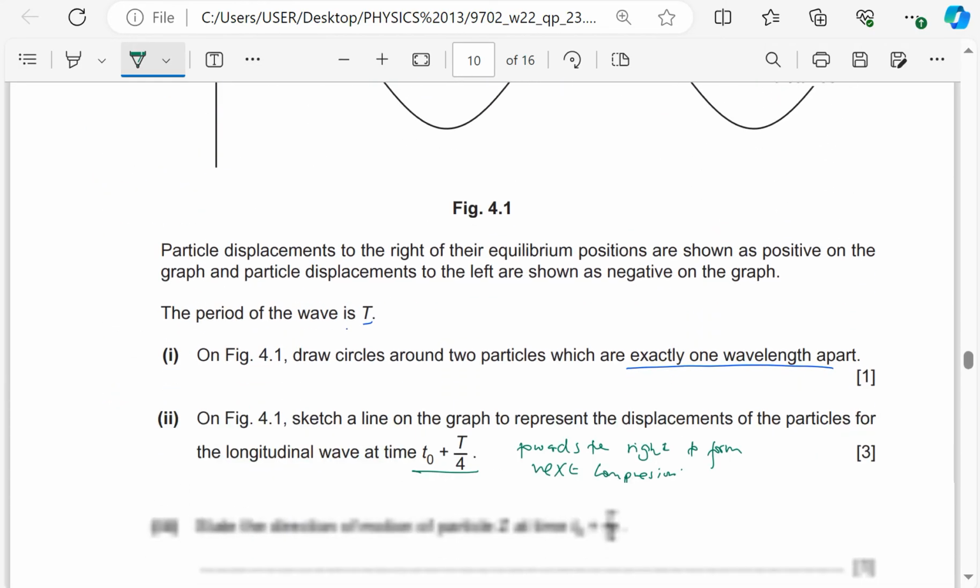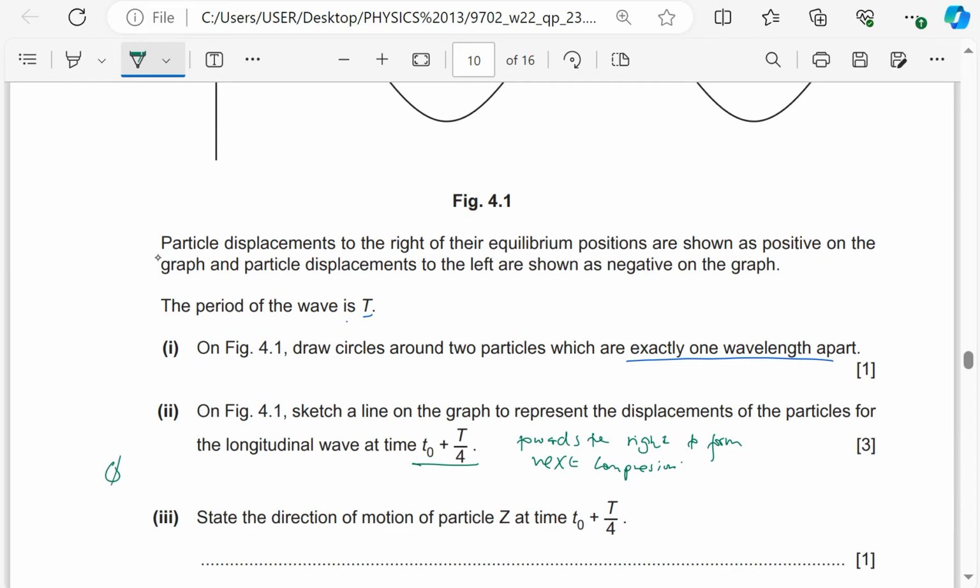If you want to look at it by looking at phase difference, phi is going to be equal to 2 pi into a quarter of a cycle. This is a quarter cycle minus negative a quarter of a cycle. So it means two corresponding particles will move apart by half a cycle.